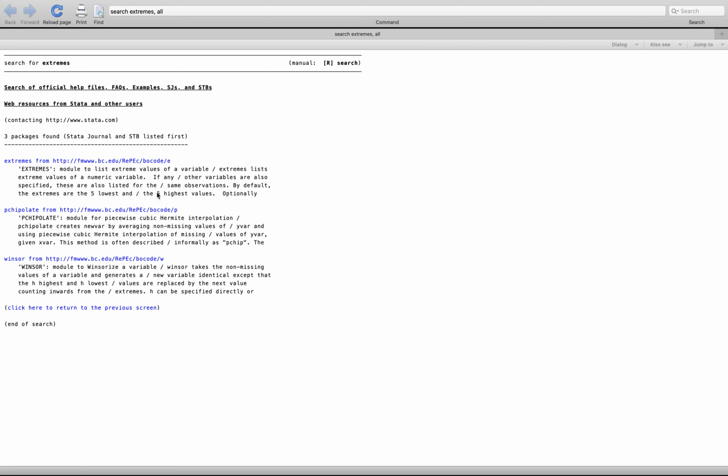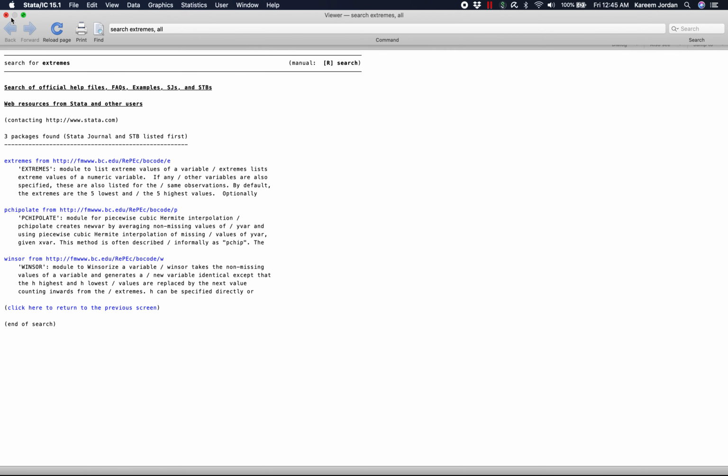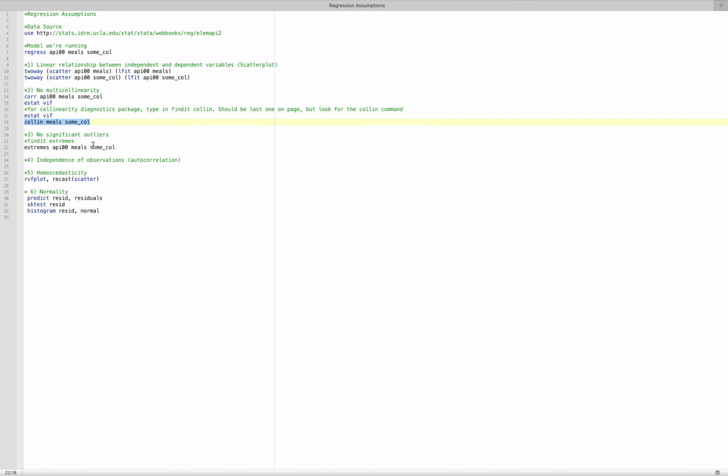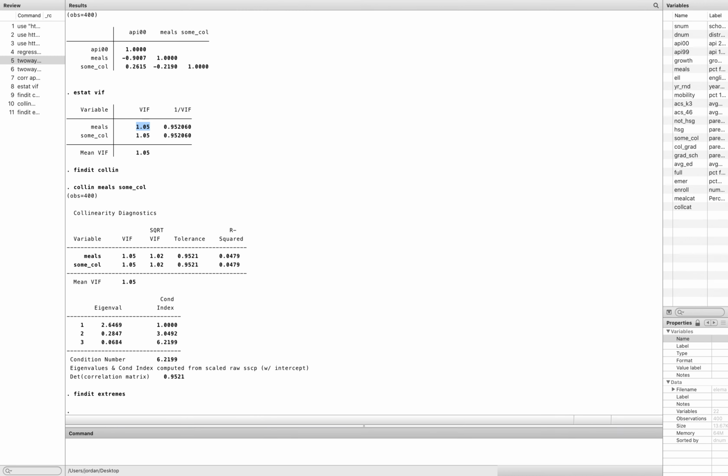So as you can see here from even the description of it, it gives you the extreme of the five lowest scores and the five highest scores. So once you install that, you can put the command in there of extremes API 00 meals some college.